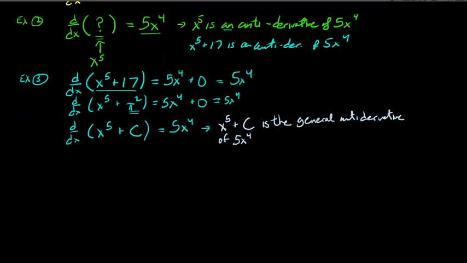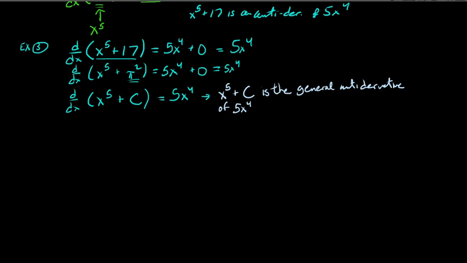Okay, so let's try another example. It's maybe only a slightly more difficult one than the one we just did. Suppose the question is to find an antiderivative, or in general, the general antiderivative of 2x.